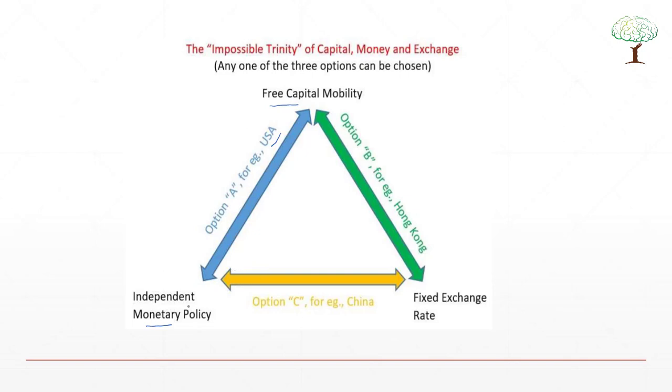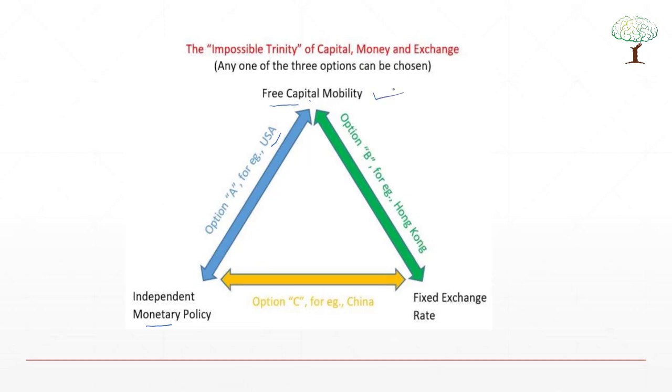China, on the other hand, has independent monetary policy and a fixed exchange rate, but it has severe restrictions on capital mobility. So, the free capital mobility in the Chinese case is certainly not to an extent that is witnessed in developed economies.